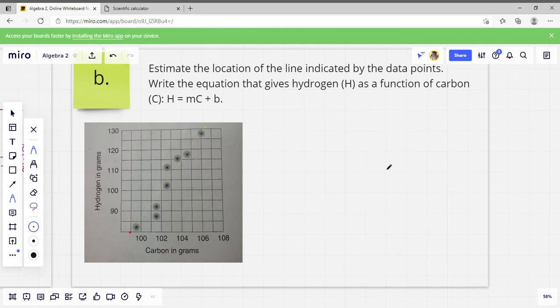All right, so 2 points that I could pick out here. That, and someplace else where it looks like it's almost touching, maybe right there. Okay, so I'm going to have my coordinates of, see, this is 100, 102, that means this is 101, so that'll be 99.